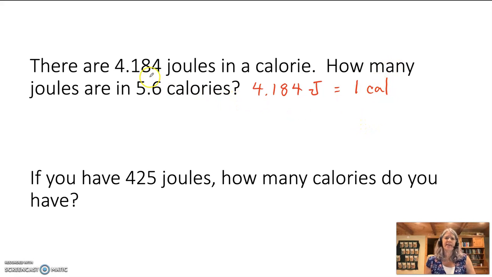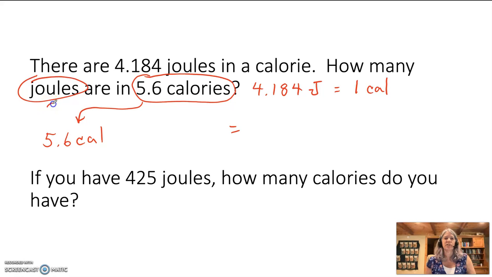How many joules are in 5.6 calories? Right, so the 5.6 calories is what we're given in the problem. So we put that on the left. And then what we want in the problem is what they're asking us for. How many joules? Right, that's the question we're being asked. So that's going to go on the right, joules.